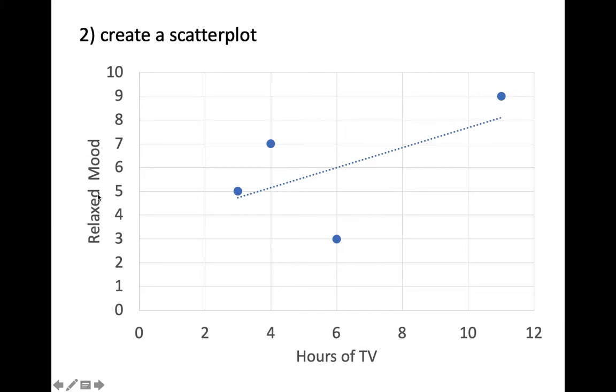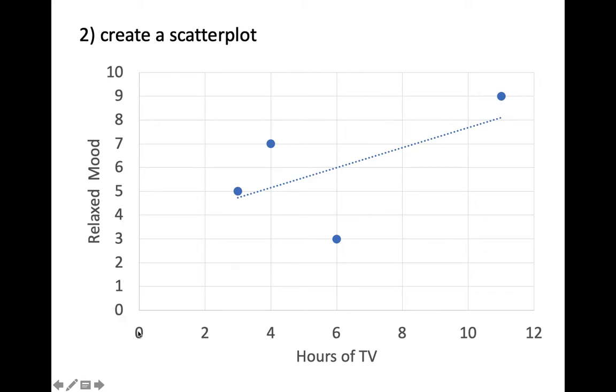That was given in the problem, so it should have been fairly straightforward that the X variable was TV, because I said that's the X variable. But to know that the X variable is plotted along the horizontal axis, the Y variable is plotted along the vertical axis, and that there are values on both your X and your Y axis that make sense.